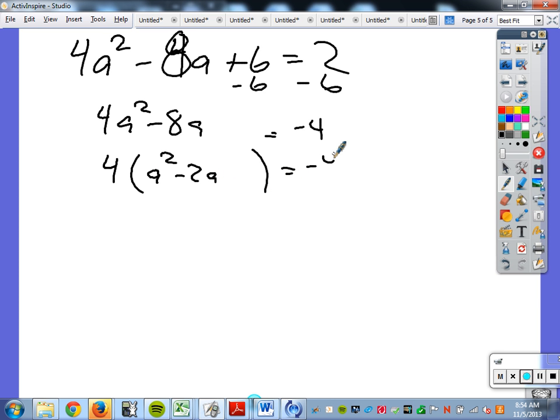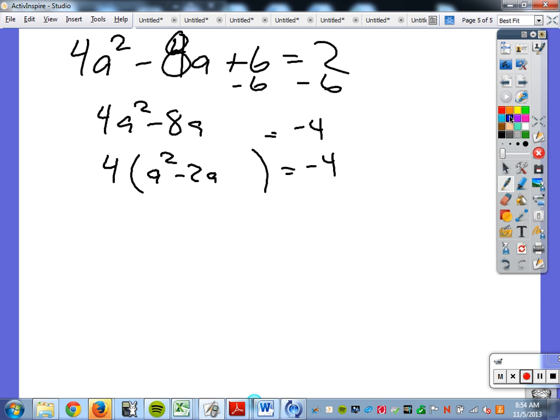Have I changed my equation from doing that? Because I pulled out the 4. If I pull out 4 from negative 8, what do I get there, Brady? Factoring out. Okay? Is everybody there?